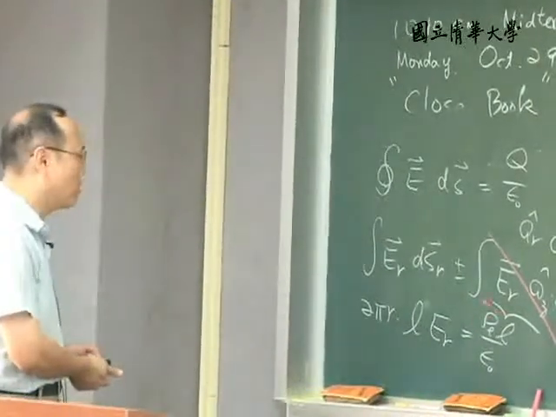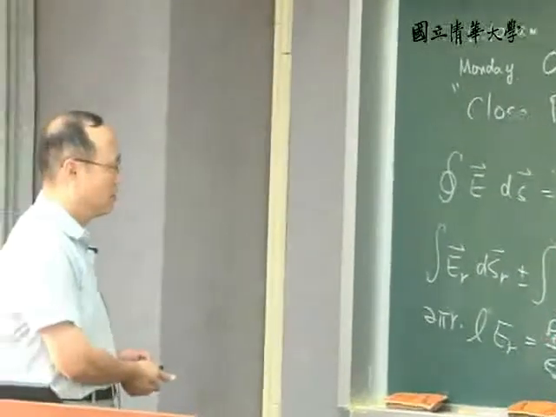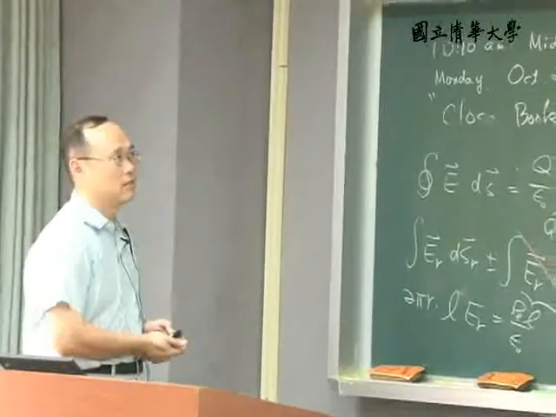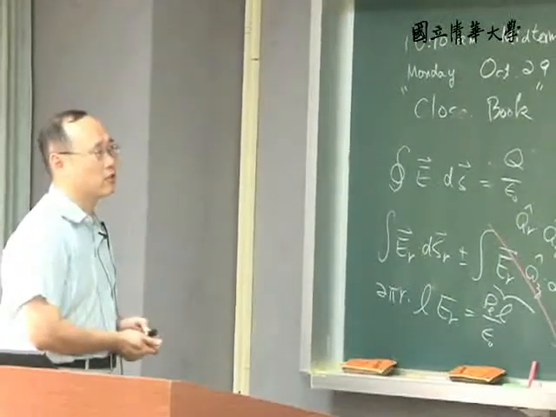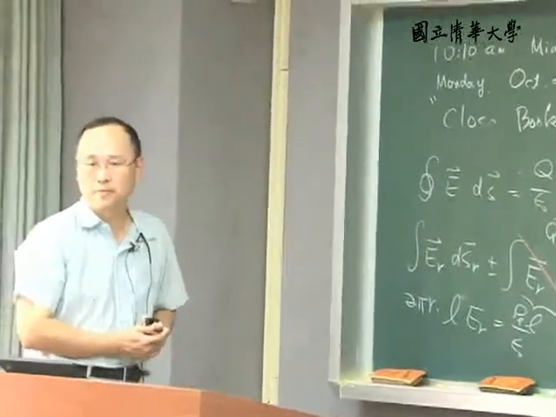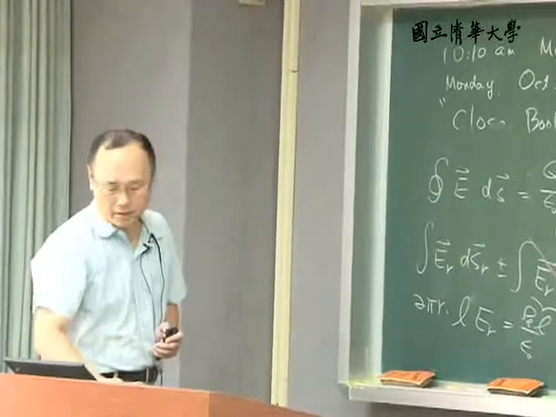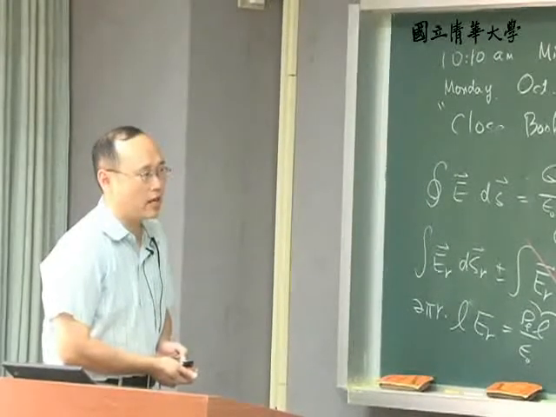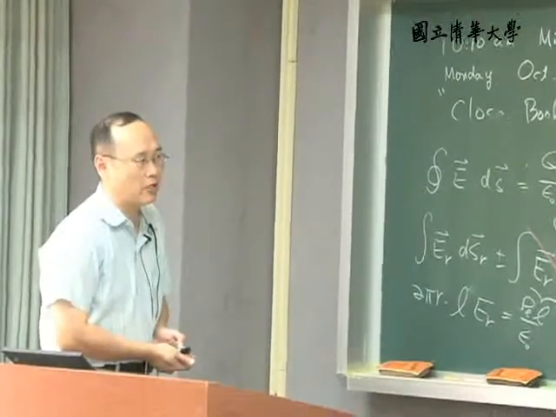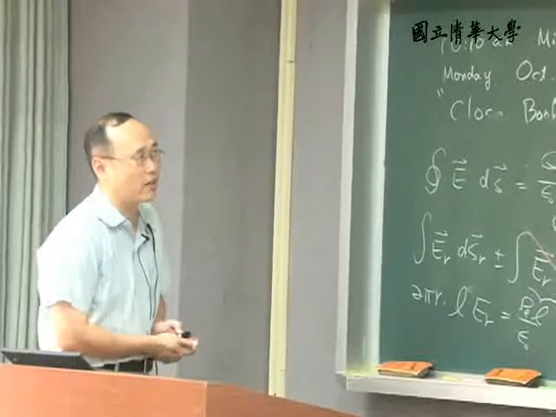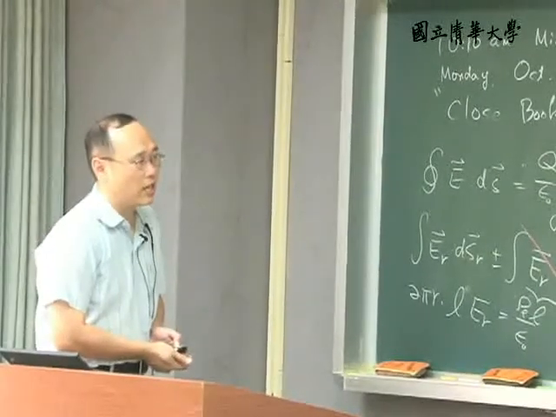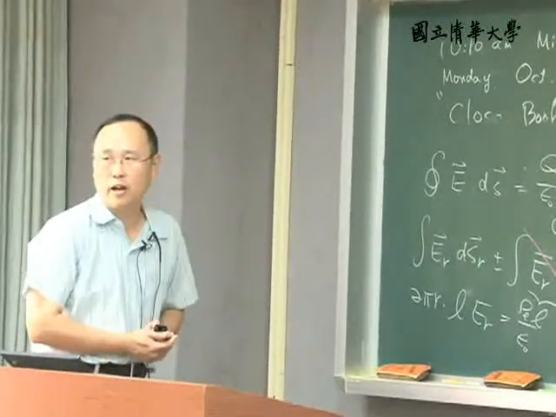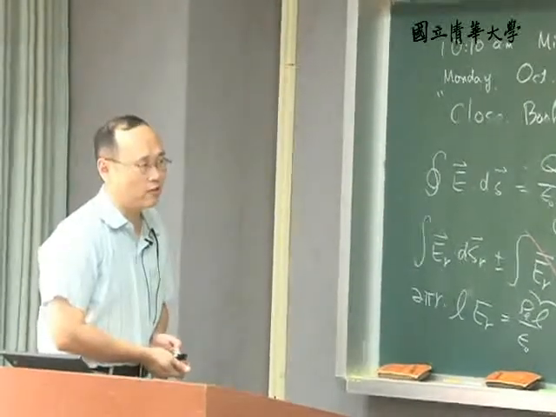This is the total amount of charge inside from here to here. So there's a line charge density associated with this line. Okay, so this calculation is very simple. On the right hand side is the line charge density multiplied with the length of the line from here to here, and then you have E_r multiplied with the surface, 2 pi r L. You end up having the electric field like this.